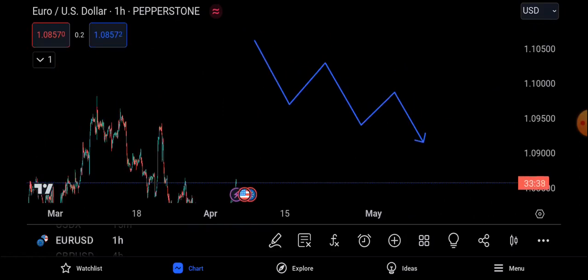Substructure is mainly what we trade in a higher time frame movement, and substructure is basically just lower highs and lower lows, or higher lows and higher highs within a large time frame leg or structure.